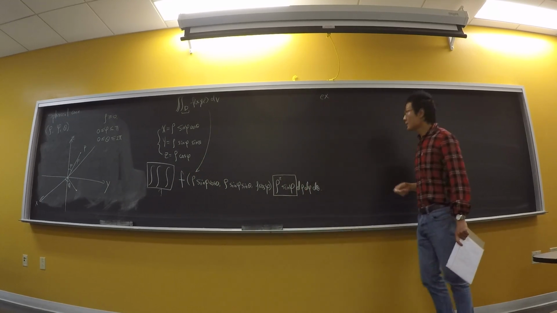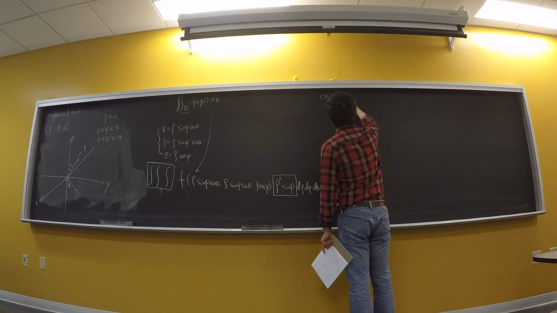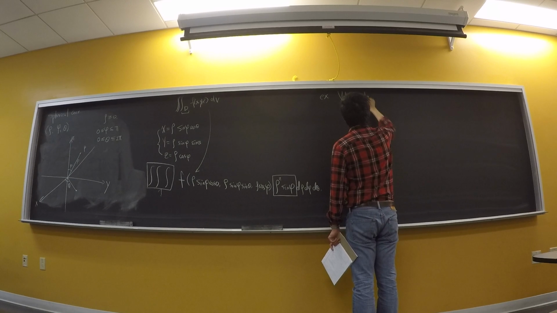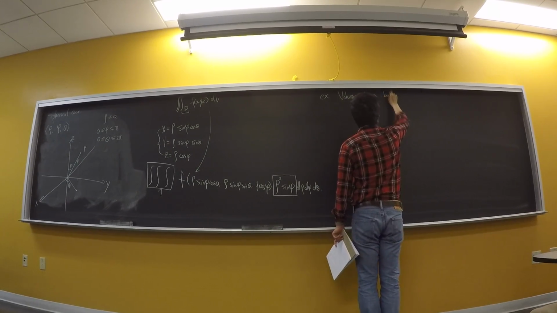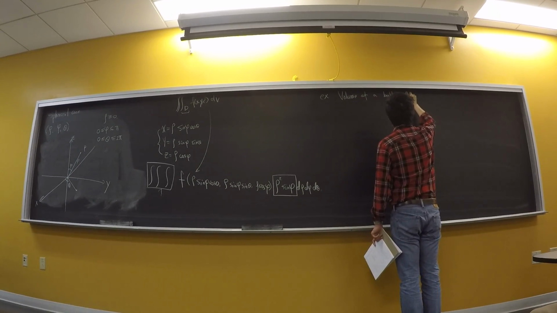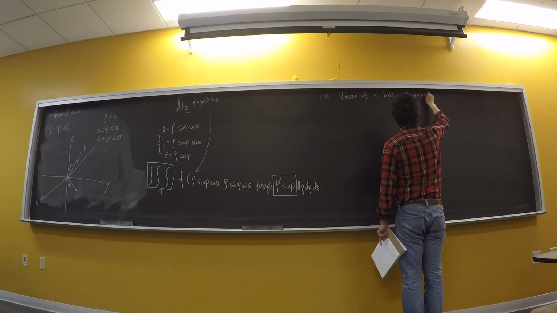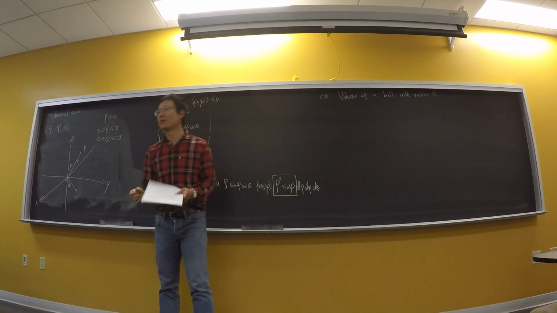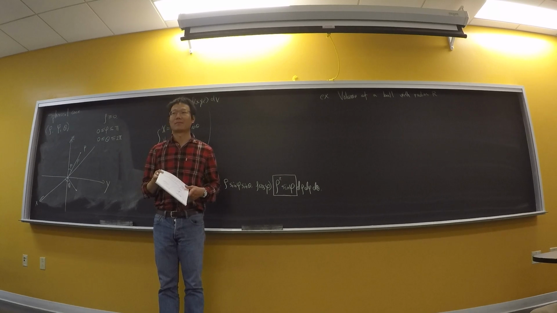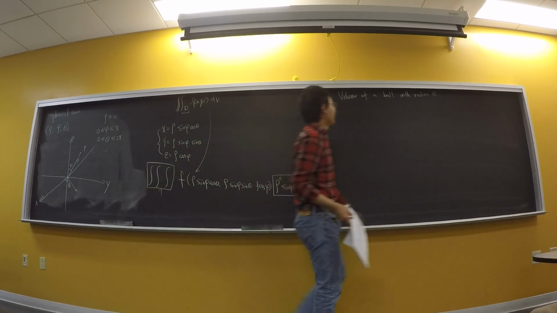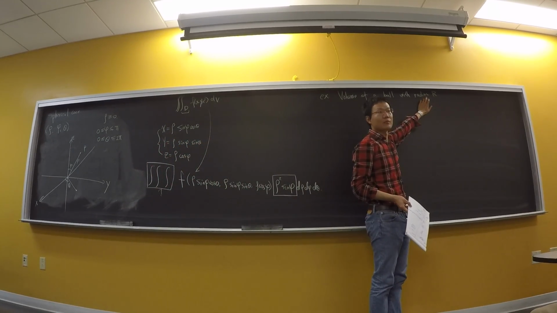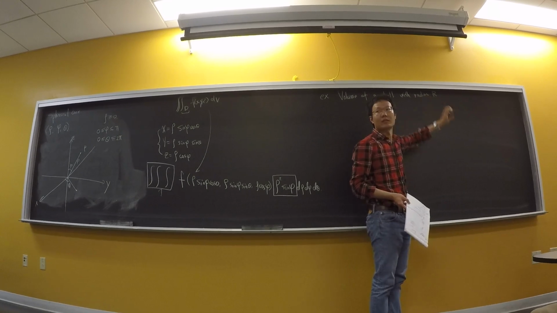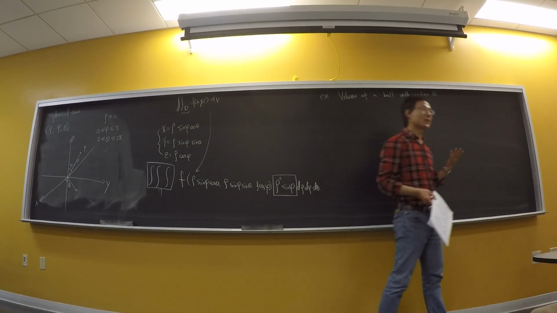So the first one is, I want to find the volume of a ball with radius r. In fact, we've already done that before. We did this in double integral.